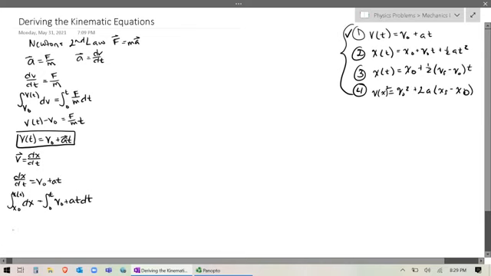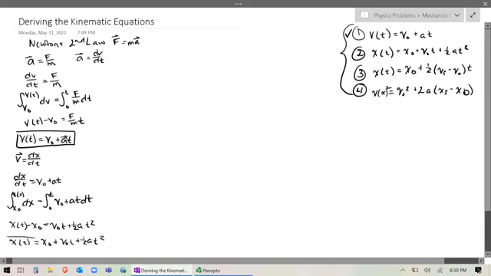And that's going to give us x(t) minus x naught is equal to v naught t plus 1/2 at squared. And then we just move it around, and we get x(t) is equal to x naught plus v naught t plus 1/2 at squared.